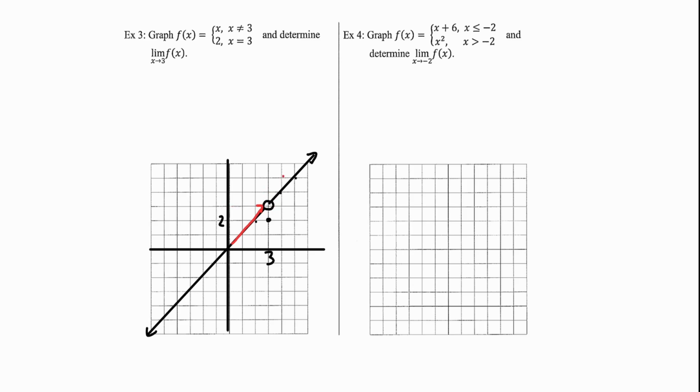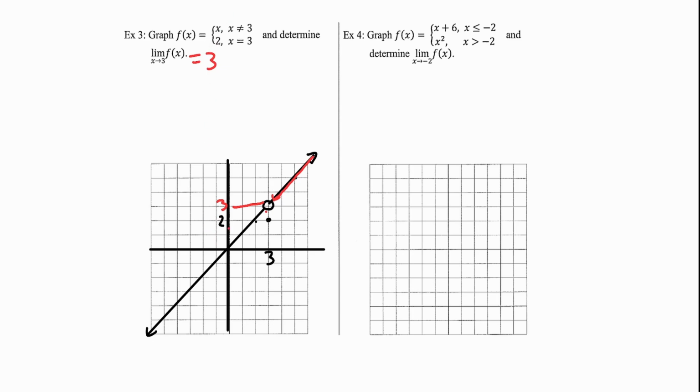And if we approach x equals 3 from the left side, we can see that again, it's not approaching 3 itself. It's not equal to 3, but it's approaching it. And we can also see that it's approaching y equals 3. And so we can say that the limit as x approaches 3 of f of x is equal to 3.